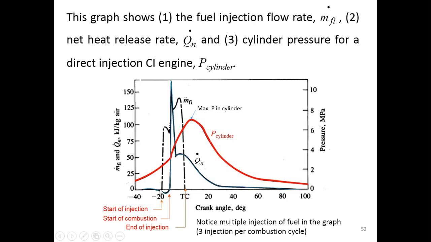Okay, in this diagram, let's first talk about the fuel injection flow rate. The fuel injection starts here, where you see that the fuel injection rate goes up very quickly in a very short crank angle travel. So we inject the fuel immediately here.